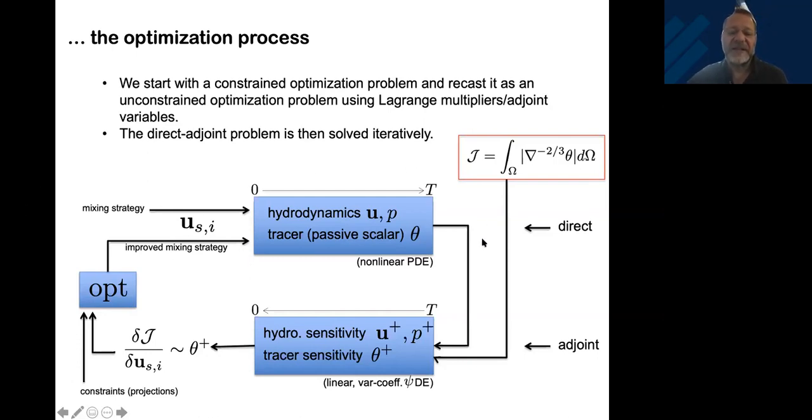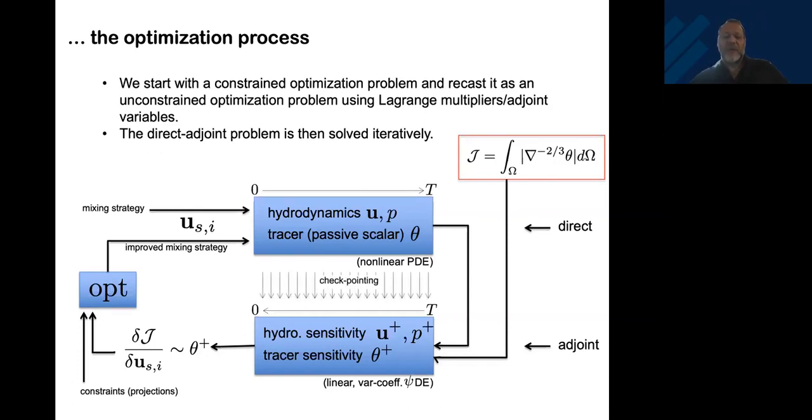Okay, so this now is an iterative loop. The first time in the mixing strategy, we guess our velocities of the stirrers. Then we go through one cycle, and next time the mixing strategy hopefully is doing a better job in minimizing our mix norm than it did before. I should also mention, the lower the mix norm, the better we are mixed. Okay.